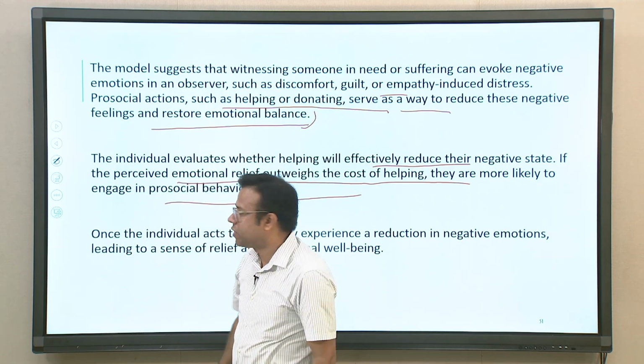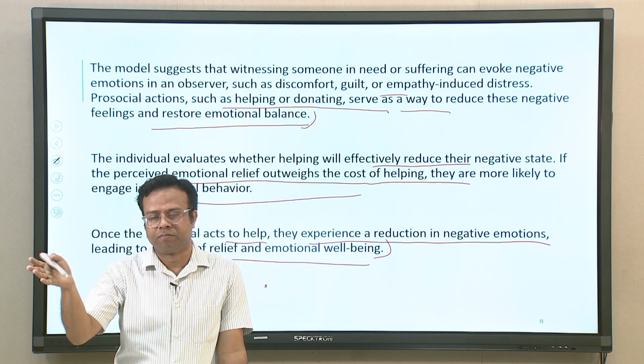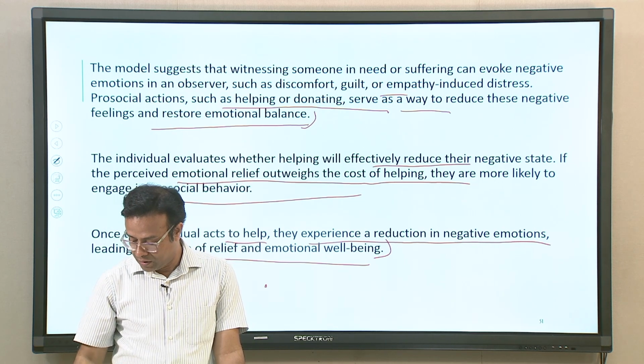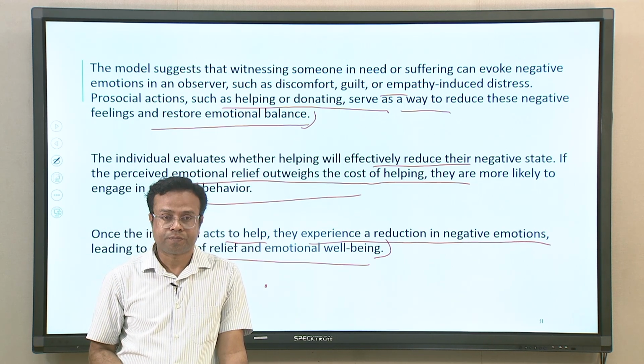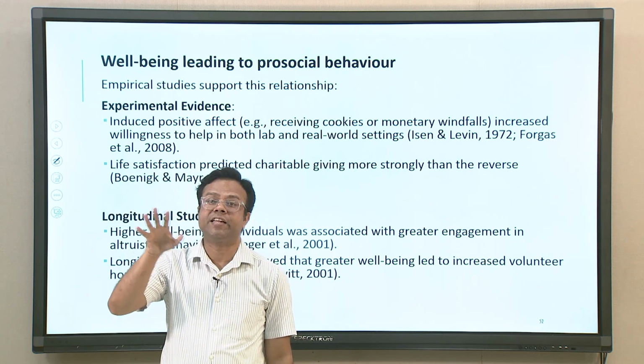Once the individual acts to help, they experience a reduction in negative emotions, leading to a sense of relief and emotional well-being. So, that enhances emotional well-being, and that may be the main motivation behind prosocial actions. So, this is some of the explanation of why prosocial behavior can increase well-being.